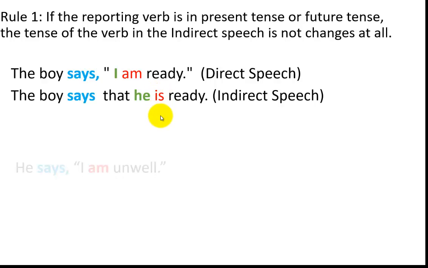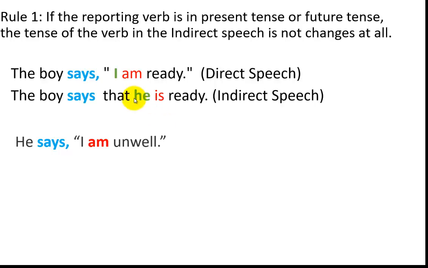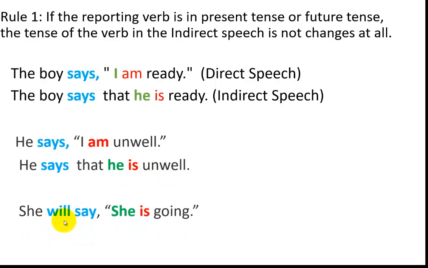Let's see some more examples. He says, "I'm unwell." The reporting verb is present tense, so: he says that he is unwell. He will say, future tense: he will say, "She is going."